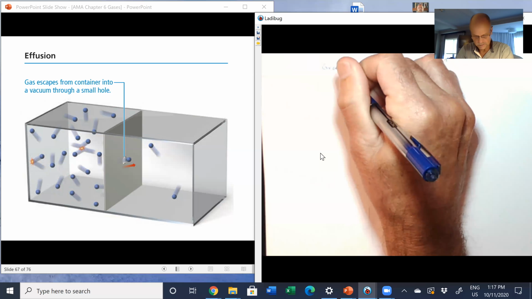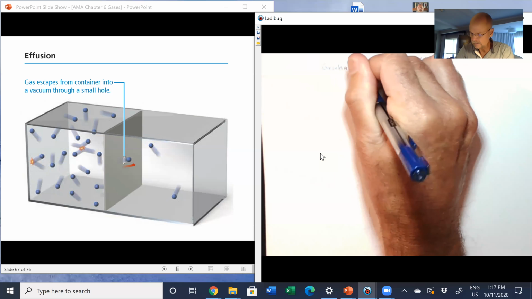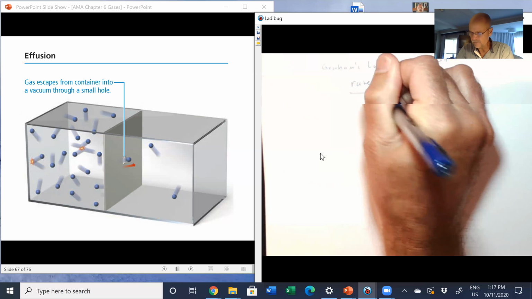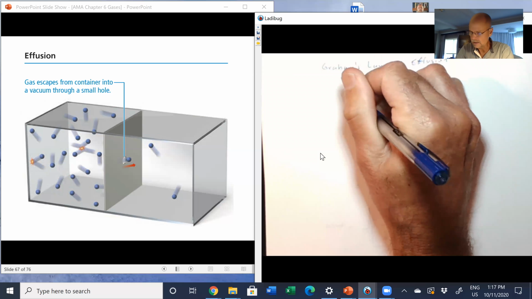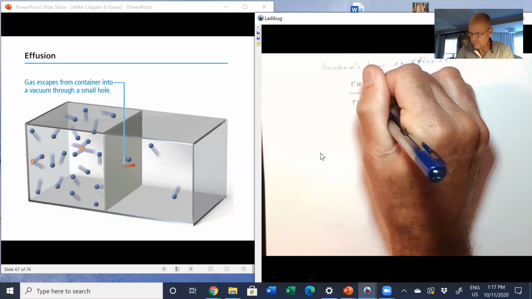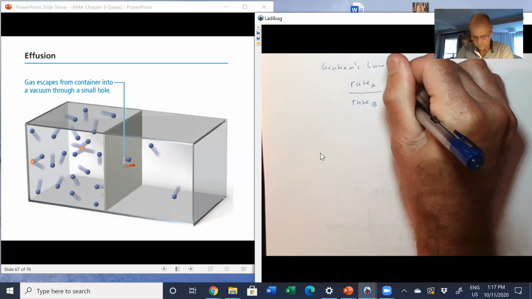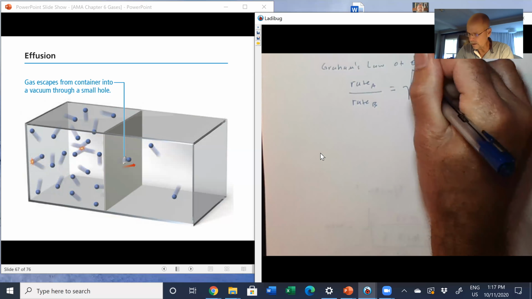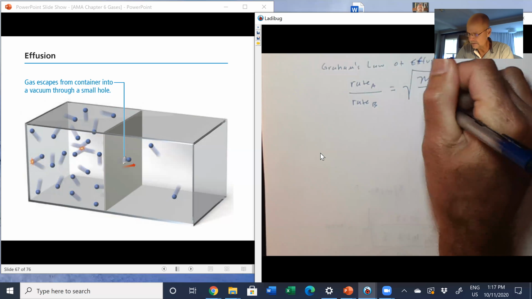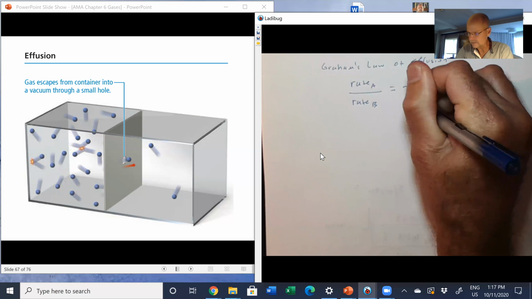This law says that the rate at which gas A diffuses, divided by the rate at which gas B diffuses, is equal to the square root of the molar mass of B divided by the molar mass of A.